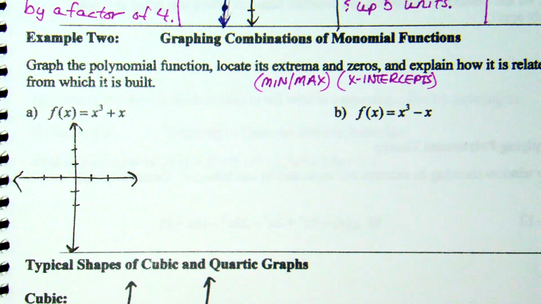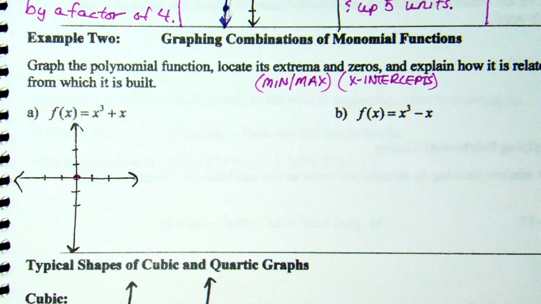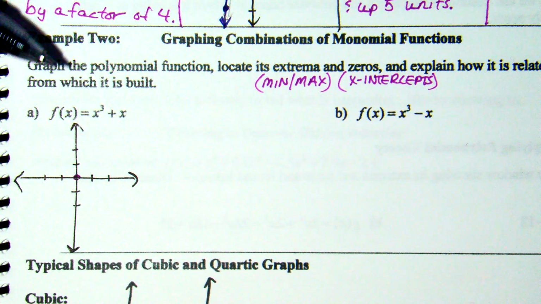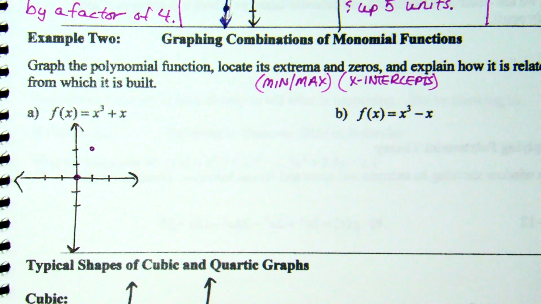Normal ordered pairs are going to be 0, 0, 1, 1, and negative 1, negative 1. Well, what happens if I plug in 1 in this case? 1 to the third is 1, plus 1 is 2. And so this ordered pair, instead of being 1, 1, becomes 1, 2. What about when I plug in negative 1?